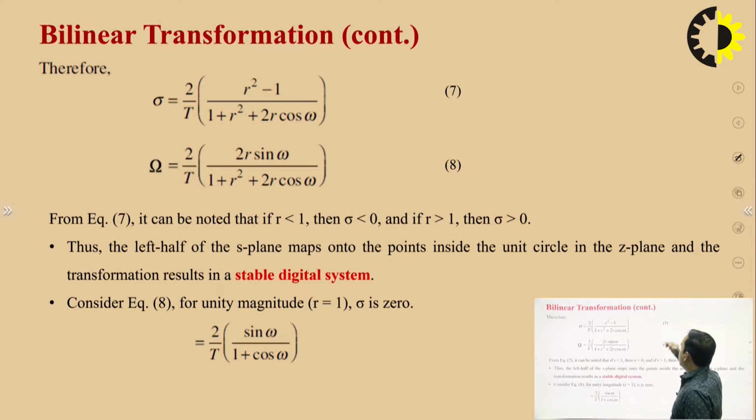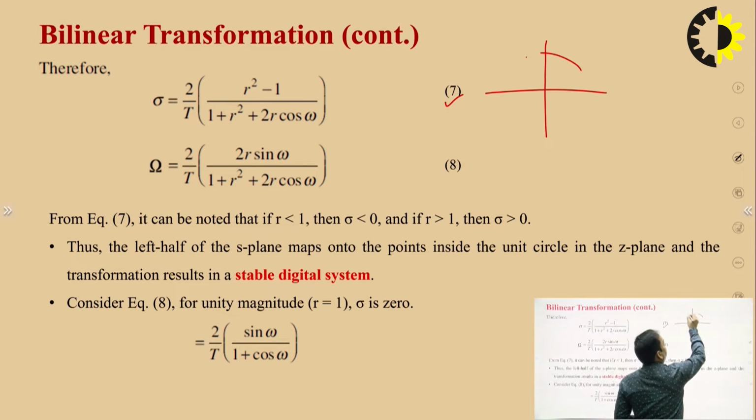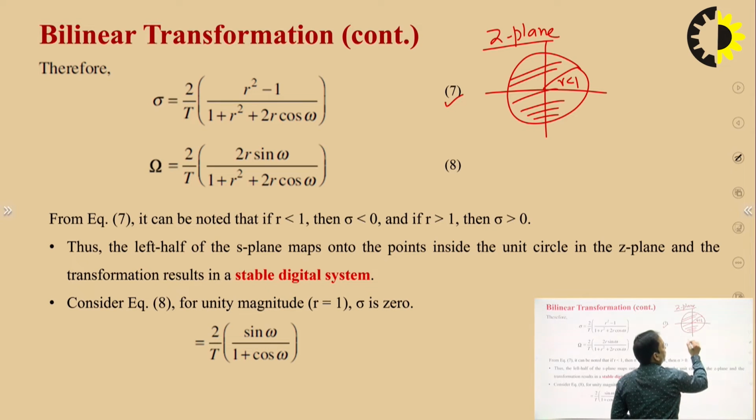If we see equation number 7 carefully, it says that when r is less than 1, it means a region in the z plane, the entire region inside the unit circle. So all those points where r is less than 1 will be mapped inside the unit circle.